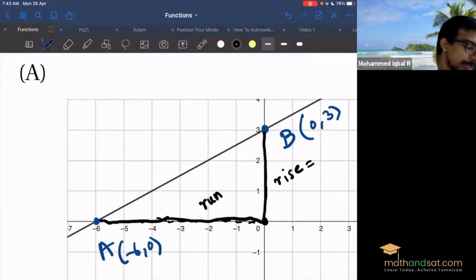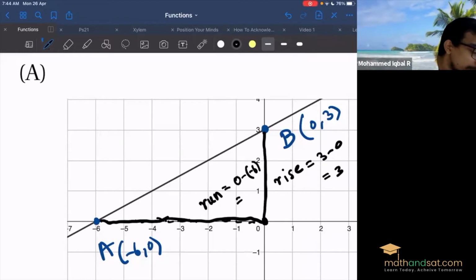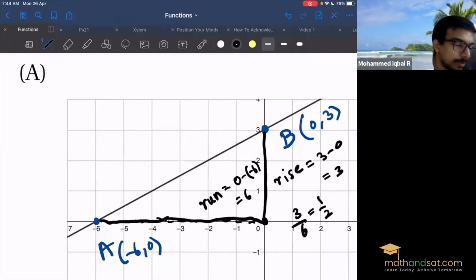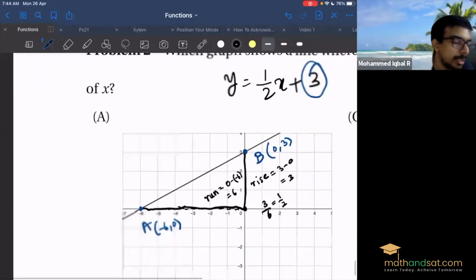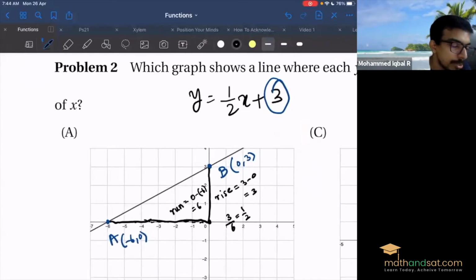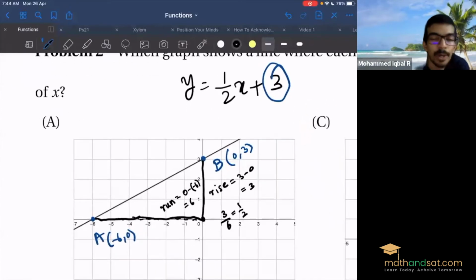The rise is 3 minus 0, which is 3, and the run is 0 minus (-6), which is 6. So the slope in this case will be 3 over 6, which is 1 by 2. The slope is half and the y-intercept is 3.